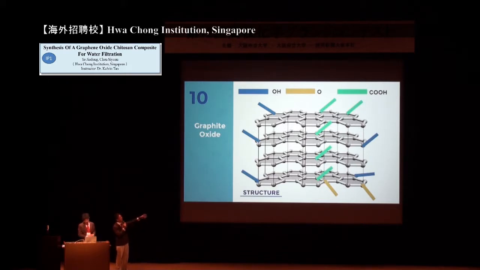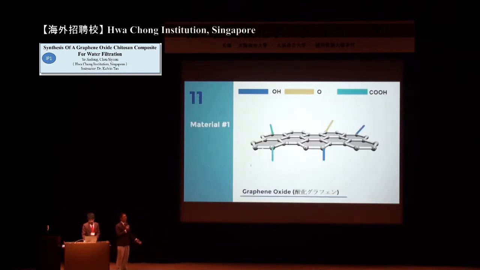For example, carboxyl, COOH, epoxies, O, and last but not least, hydroxyl, which is OH. The material that we are using is graphene oxide, which is formed through layer separation of graphite. Graphene oxide is a monolayered version of graphite with the same functional groups that you observed in graphite oxide.